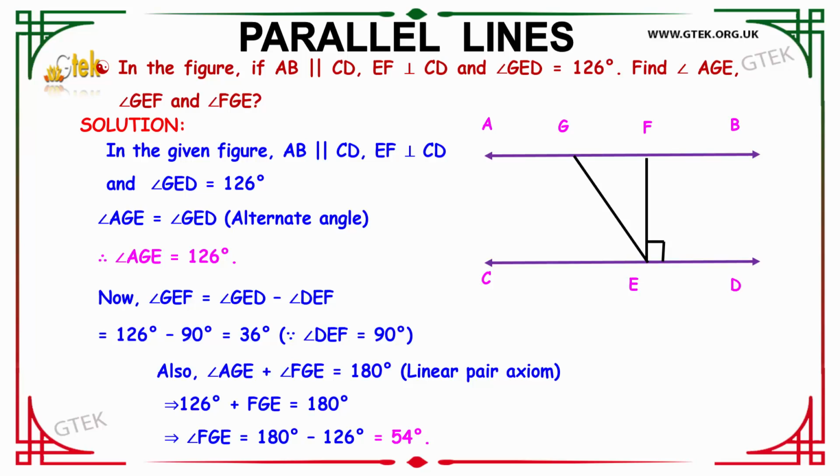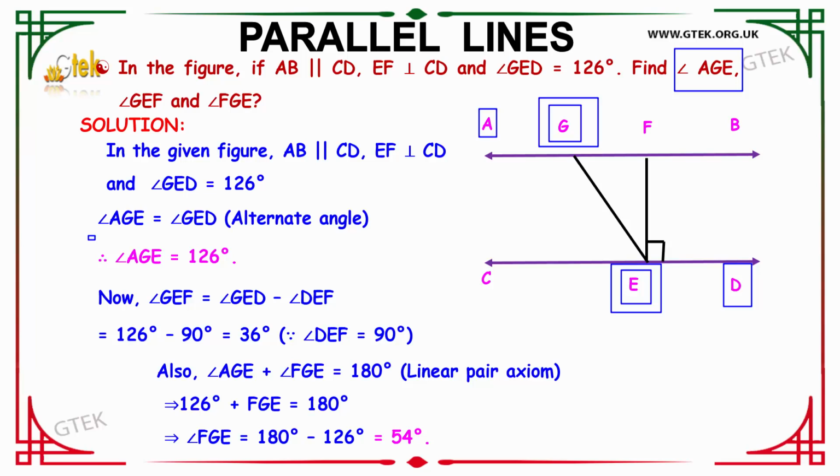We need to find AGE. So AGE is equal to GED, since they are alternate angles, they will be equal. So angle AGE equals angle GED, that is 126 degrees. So now we have got the angle AGE.